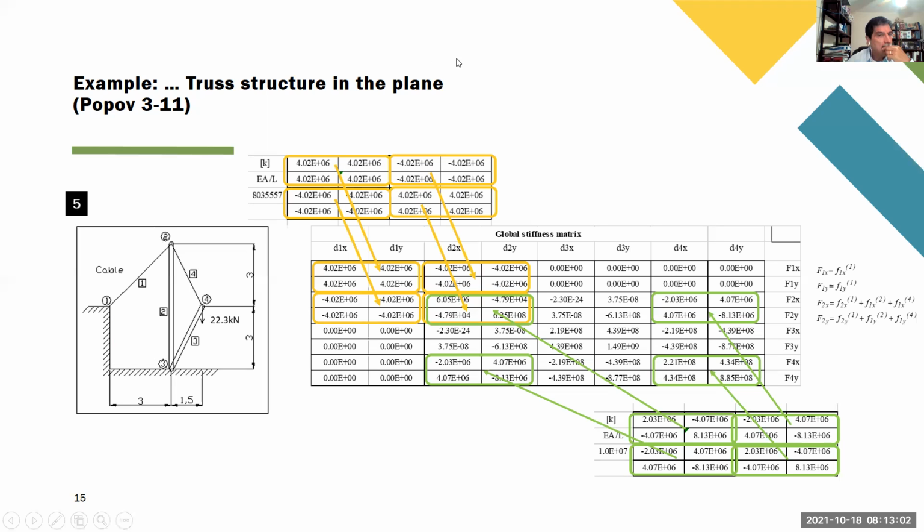No. These zeros are because, remember, the first 2 rows express the external force in the first joint. And what we're saying is that this force does not depend on the displacement of the third joint.